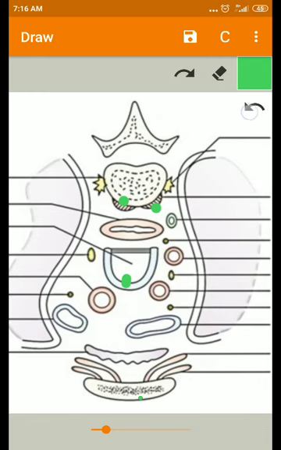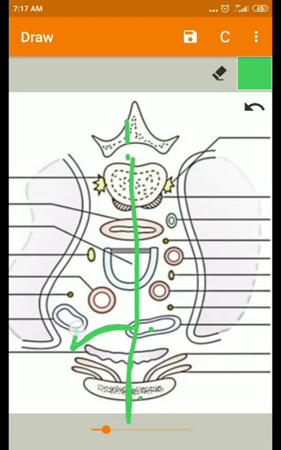If you see the space here from the right and left side, most of the arteries are related to the left side and most of the veins are related to the right side. Though it is a brachiocephalic vein, this vein is coming from the right side, isn't it? And this is the only artery which is coming from the left side. So all the major veins are related to the right side and the arteries are related to the left side.